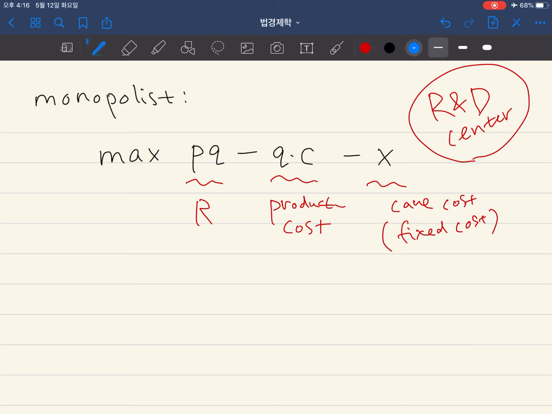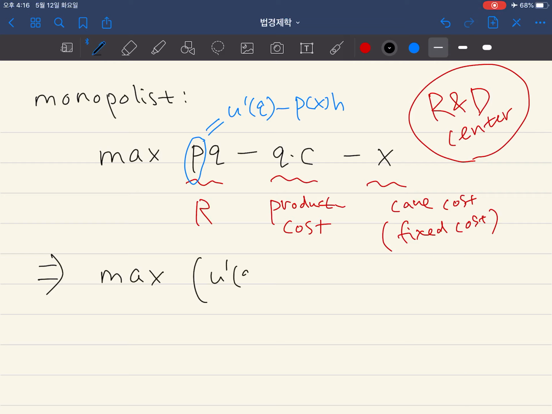Then this nominal price cannot be just a constant number, as we know by now. So using inverse demand, we can replace it. Then the monopolist problem is: this is inverse demand, so this term is the revenue part, and this is production cost and care cost.